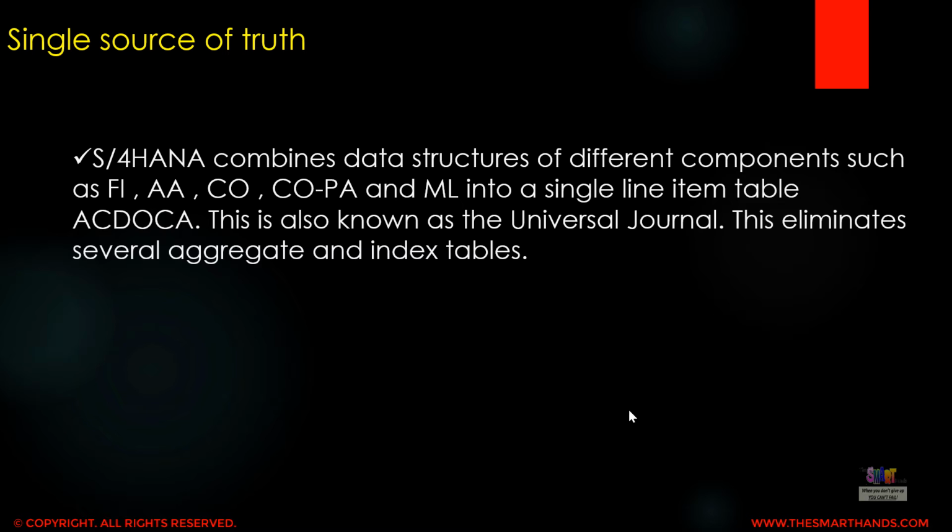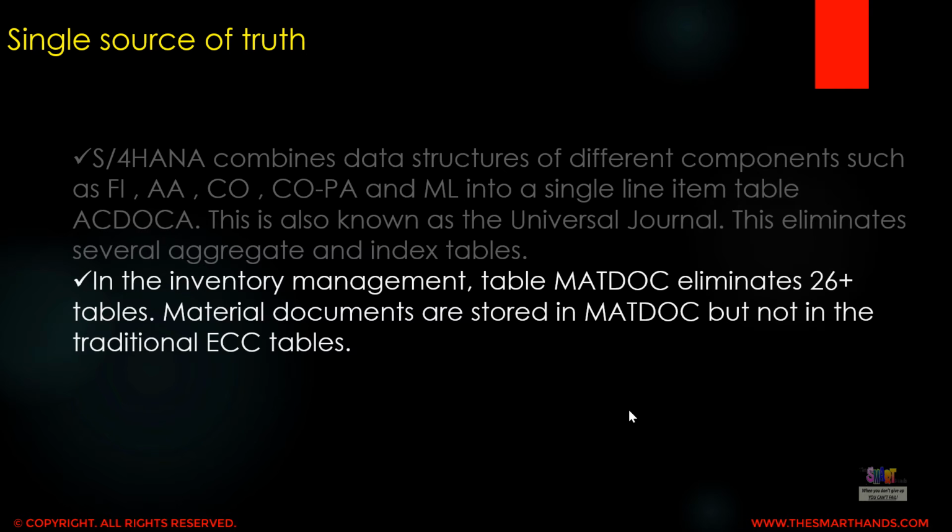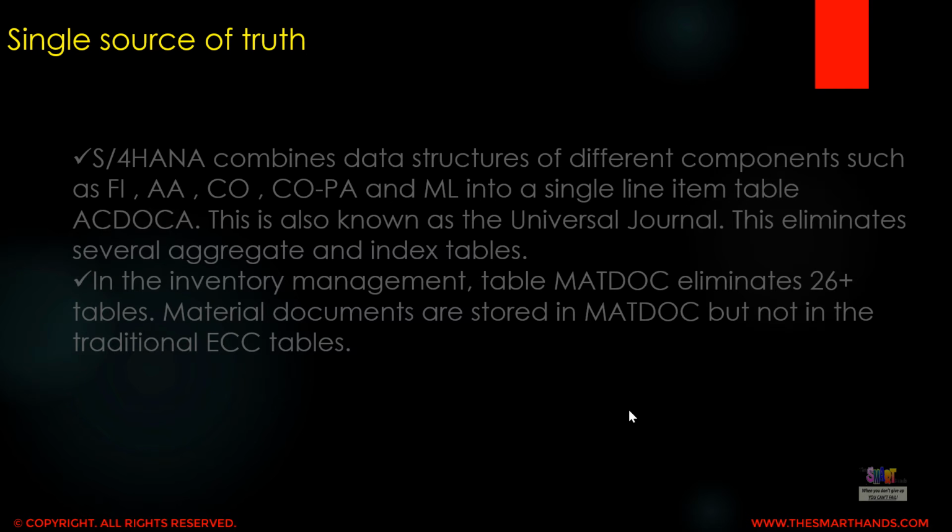So they launched a new table that reduces the data stored in all the other tables and all the aggregation and index tables. And on the inventory management side, a new table is launched, known as MATDOC, that eliminates 26 plus traditional tables. So material documents are stored in MATDOC, but not in the traditional ECC tables. That's another change.